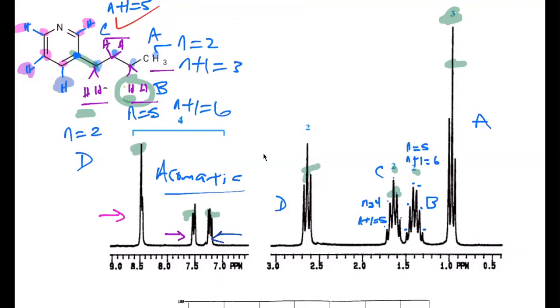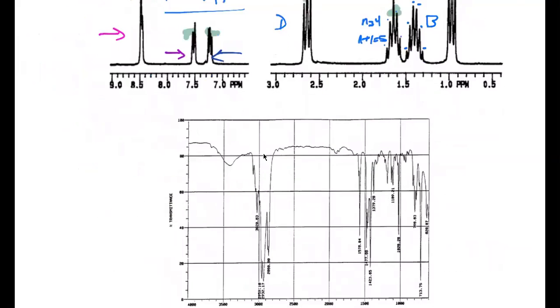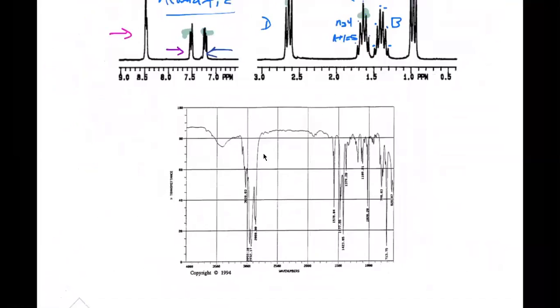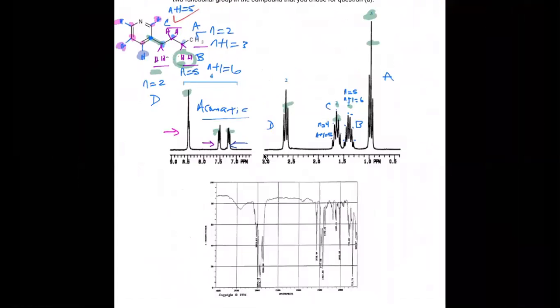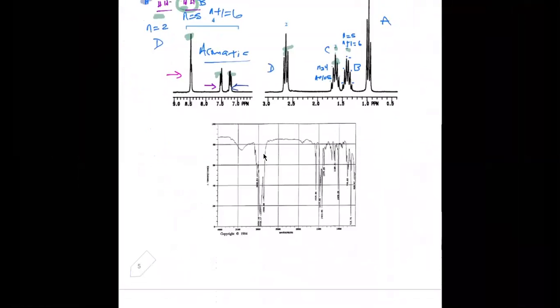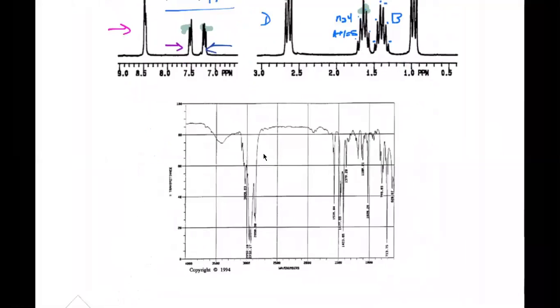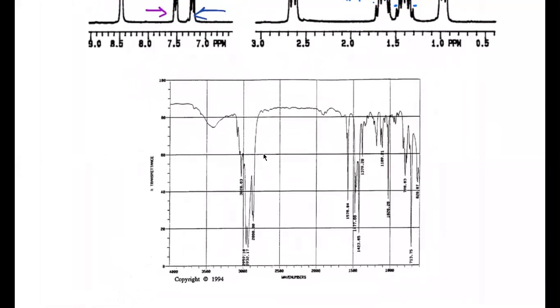All right, let's go to the next. Let me hit this infrared right quick. So for this structure, the infrared is really only going to give us a couple of things that we care about. The aromatic stretching, which is right here, right?